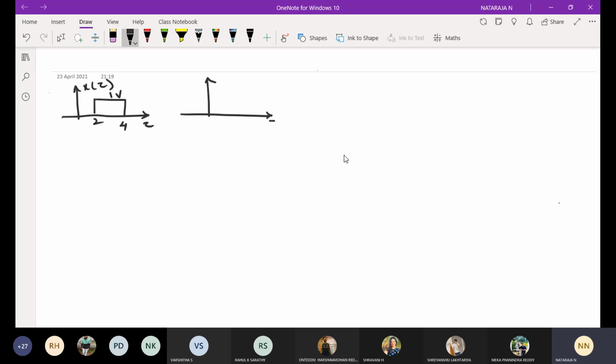This is with respect to tau. H of tau is given with amplitude 1 from 1 to 3.